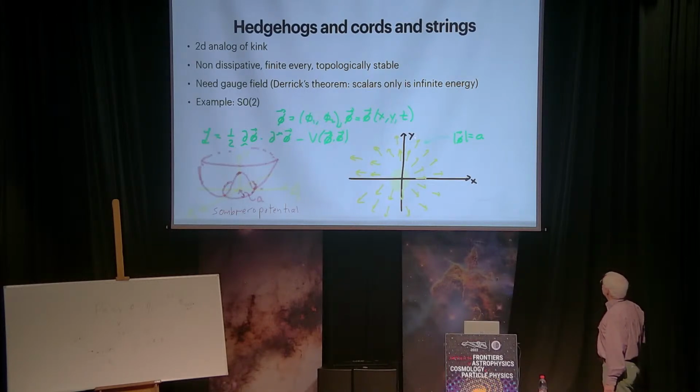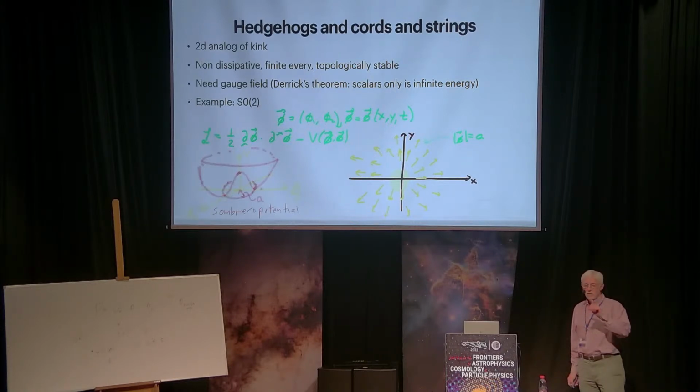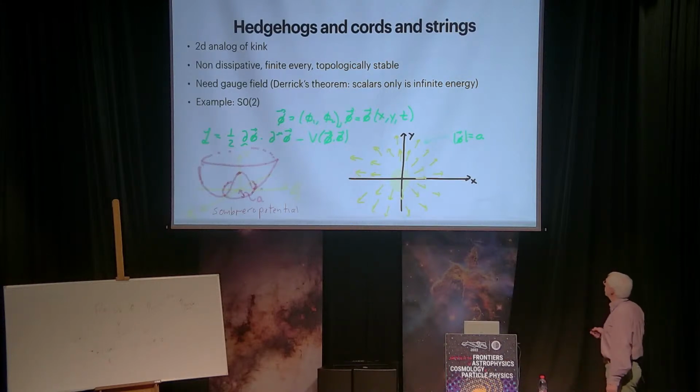And so here's x and y, actual space in 2 dimensions. And these yellow arrows actually denote the field pointing in this internal space. And you can see that they wrap around a center. And then I want phi to have the magnitude equal to whatever puts you at the bottom of that Mexican hat potential.